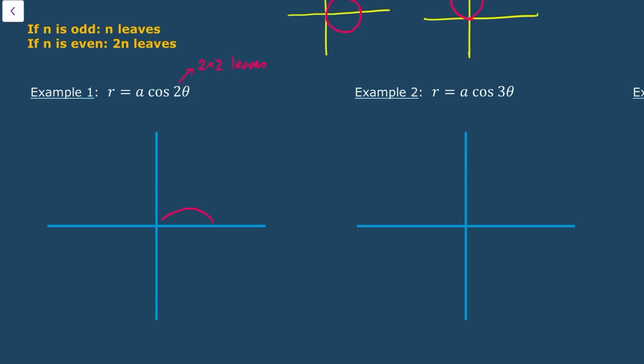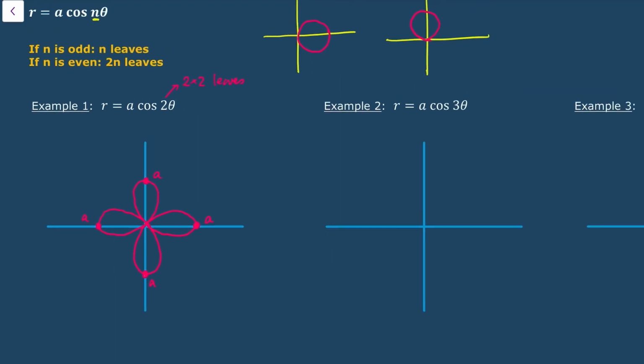I'm going to start there, it's going to dip down there, go up there, and come back to 2 pi over there. And in each case, this is going to be the value of a. So 4 leaves, a cos 2 theta will look like this.